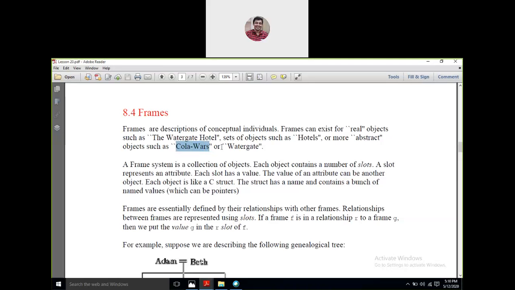Another happening, the Watergate, is the Watergate scandal that happened during Nixon's presidential rule in the United States, right? So I'm talking about a particular scandal, the Watergate scandal. I can create a frame for that too. So this is a description of the conceptual individuals.